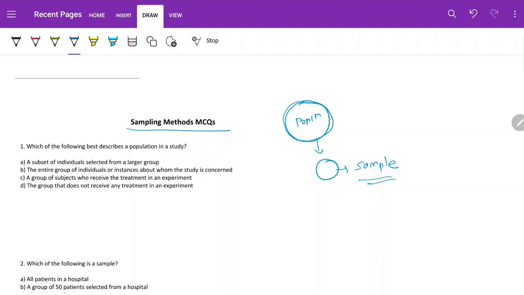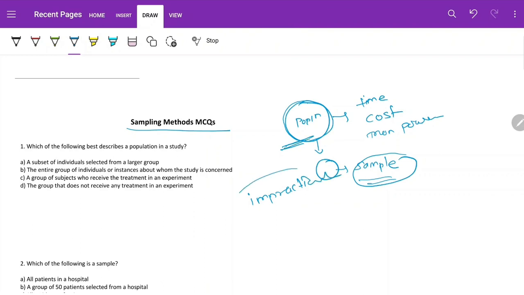So because of these things, time, cost, and manpower, we choose sample study over population. And most of the time it is impracticable to study each and every element in the population, so we go for sample.